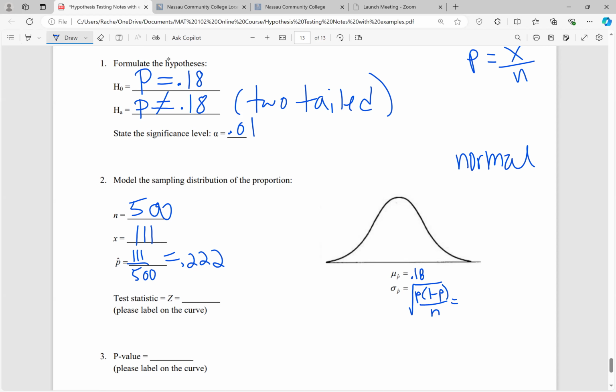So we have the square root of 0.18 times 1 minus 0.18 over n, which is 500. Let's go 4 places. I want you to plug this into your calculator as well. We're dividing by 500, and I'm getting 0.0172 for my standard error.